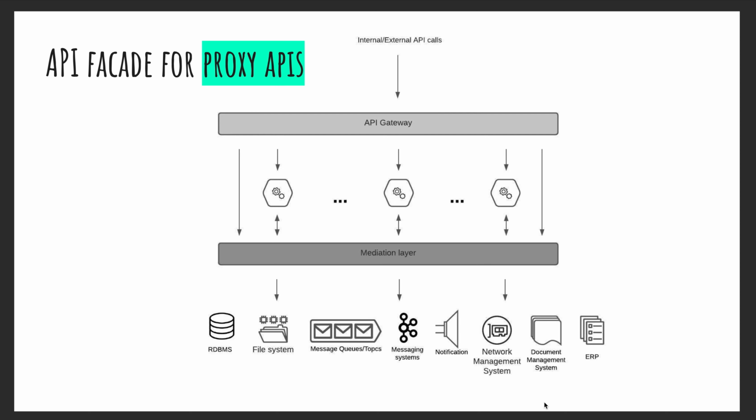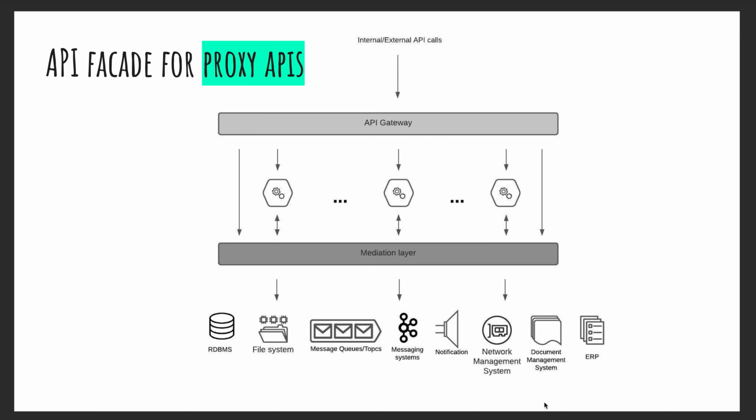The mediation layer will perform other complex operations, will call service APIs, which perform business logic, and then present the response that it processed to the API gateway layer, which will then present it to the applications.